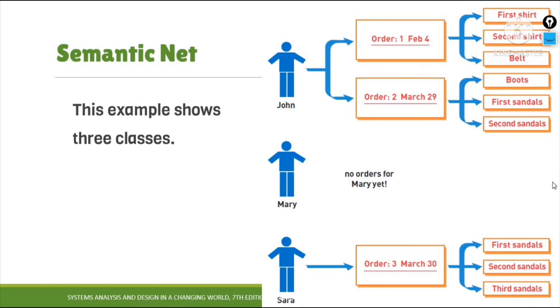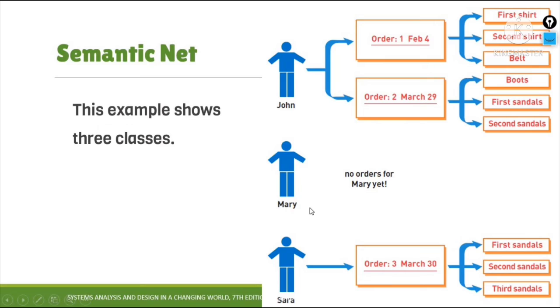This figure here shows how the actual data in some transactions might look. So for example, John is a customer who has placed 2 orders. The first order, placed on February 4, is for 2 t-shirts and 1 belt. The second order, placed on March 29, is for a pair of boots and 2 pairs of sandals.